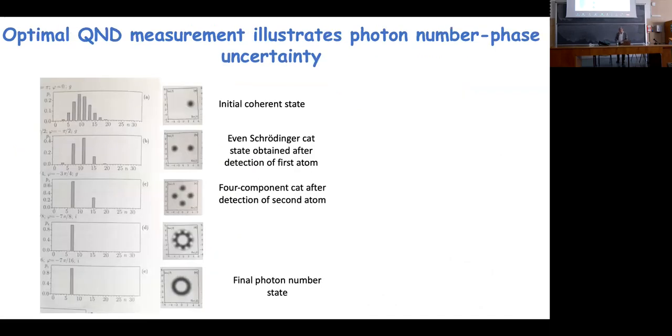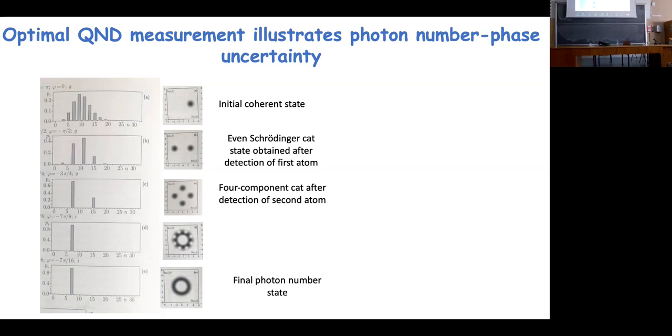Now, what I will show you here is another aspect of this experiment, which is the fact that when you count the photons in the way I described last week, you erase information about the phase. Look at what happens. You start from a coherent field, which has a photon number distribution. The coherent field is a blob here.